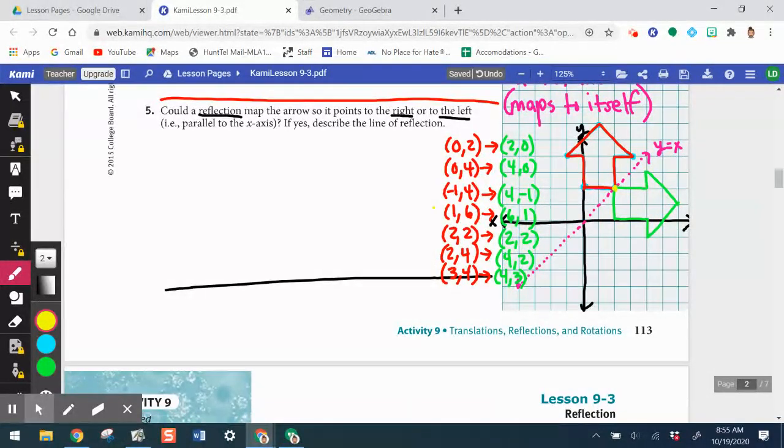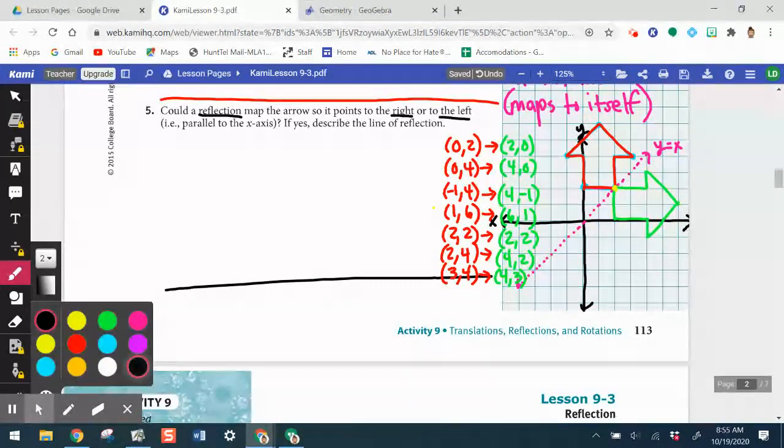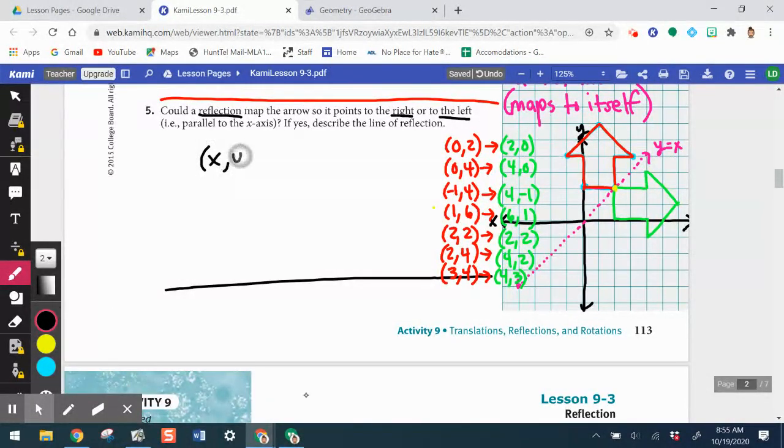And then the reflection across the line y equals x, we're literally following this function. Every point, the coordinates will essentially swap. And so a reflection across that line, (0, 2) went to (2, 0), which is right here. And (0, 4) went to (4, 0), which is right here. (-1, 4), (1, 6), and so forth.